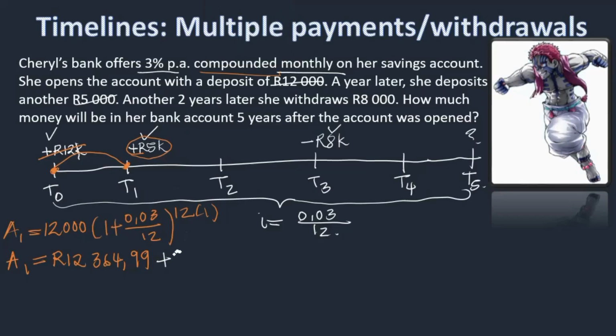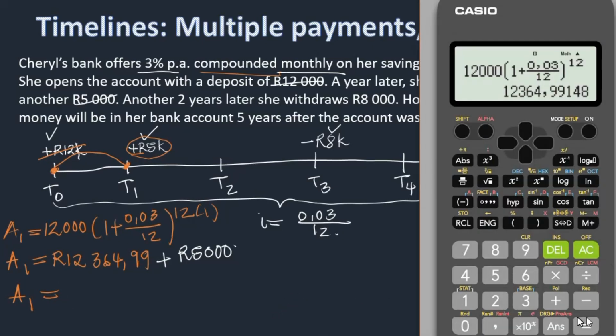So I'm going to say plus 5,000, because this person is depositing 5,000, which means my A1 in total is going to be equal to, where's the calculator? I'm going to take this amount and add 5,000. I'm getting 17,364.99.